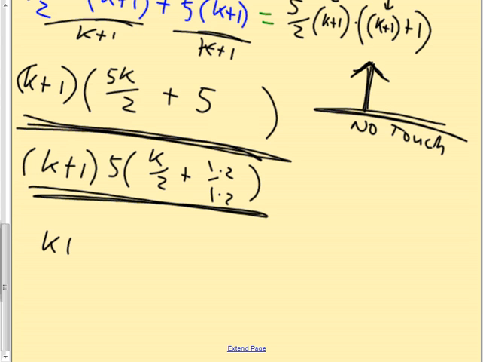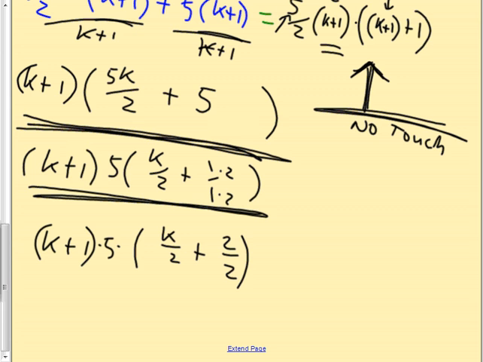I still have k plus 1. I want that because it's in my final answer over here. And I still have a 5 in it. I want that because I need a 5 in my answer. But I got to get that divided by 2 out somehow. K over 2 plus 2 over 2. Come on. So close. What do you think?